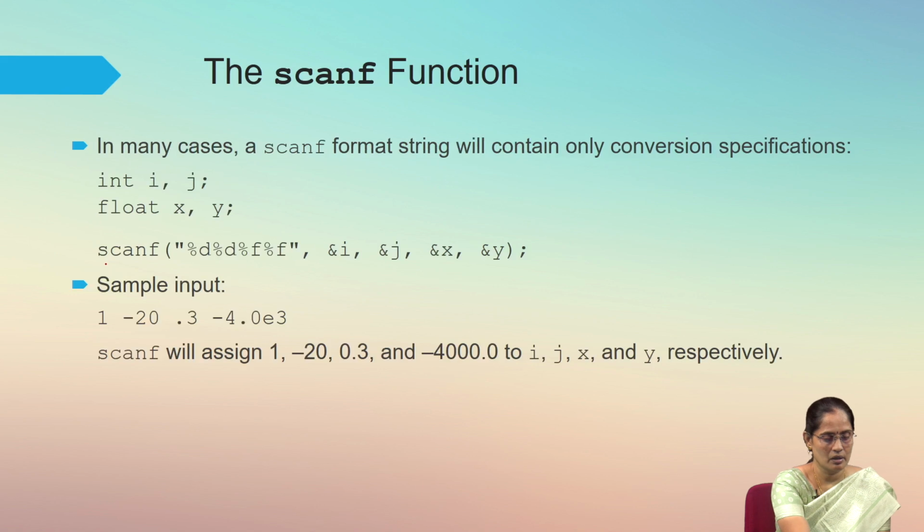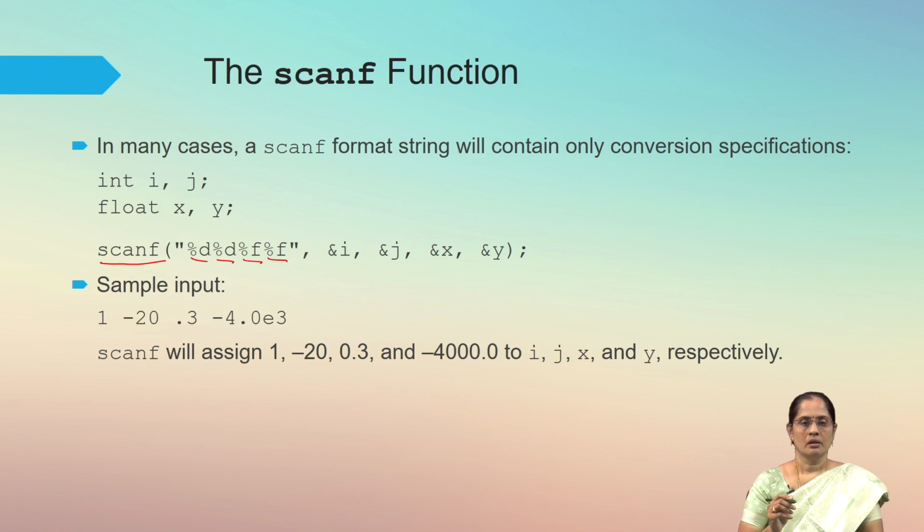Say as we are using the printf statement, here we can make use of scanf, with %d, %d, %f, %f. This is very similar to the printf statement, but here we will be adding one ampersand symbol: %d, %d, %f, %f with &i, &j, &x, &y.